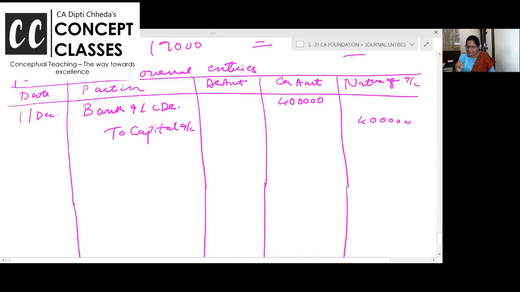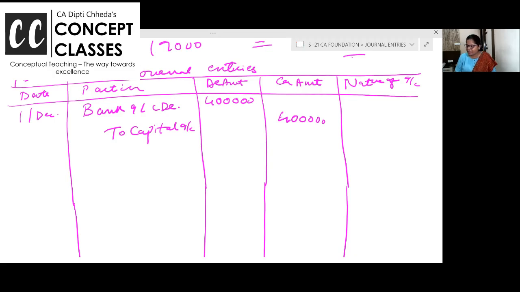Now look at this. When a person is bringing capital of 4 lakh, what are the accounts involved? Bank, which I have to write in debit, and capital, which we have to write in credit. What is the nature of the bank account?